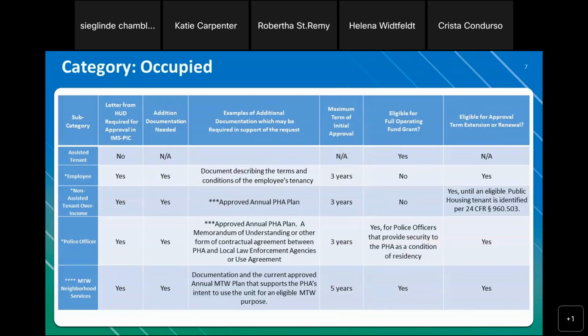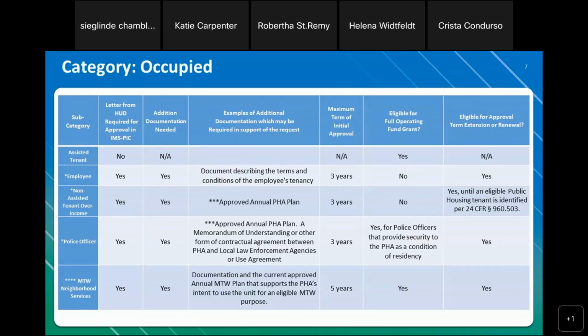It also gives you additional asterisks and information where we have a definition chart that is carved out for you that you can use as a quick checklist to refer back to, and whether these occupied units have a maximum term of an initial approved period. Remember, things are time stamped. Once it's approved, your clock starts ticking, and you need to keep a record of when you may need to go back in for reapproval or not have additional approval at all in that category.